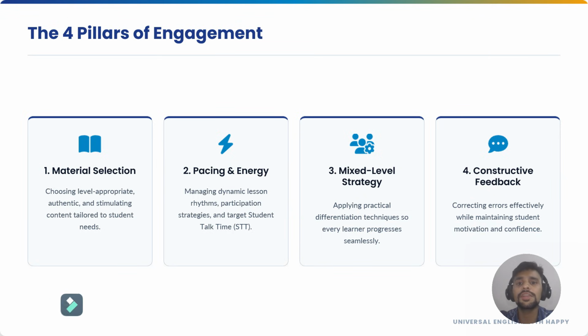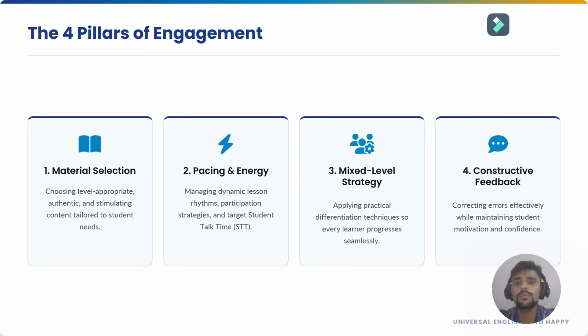If your material selection is poor, say reading a dense grammar article to 10-year-olds or teaching childish songs to business executives, students disengage immediately. If your pacing is flat, if you speak in a monotone voice for 40 minutes without student output, students drift off into daydreams or check their phones.